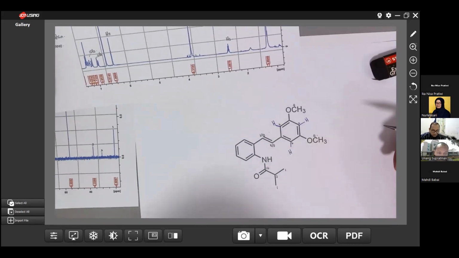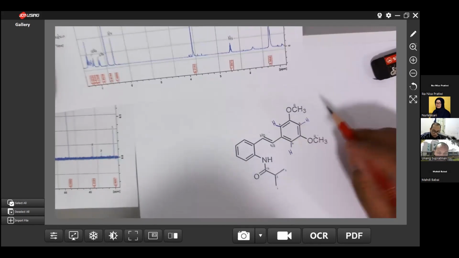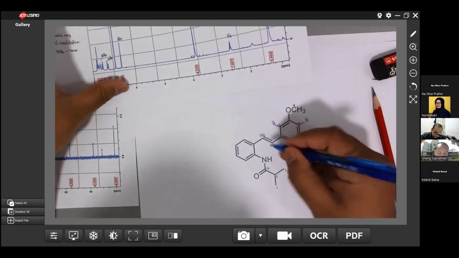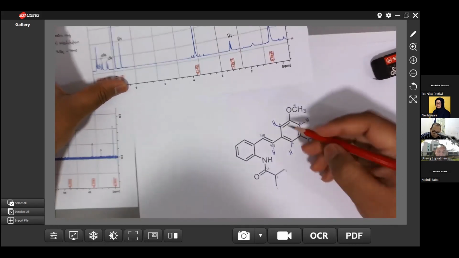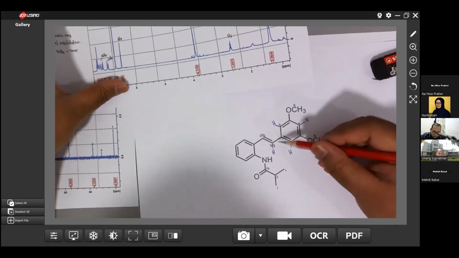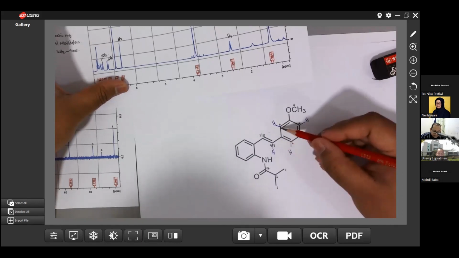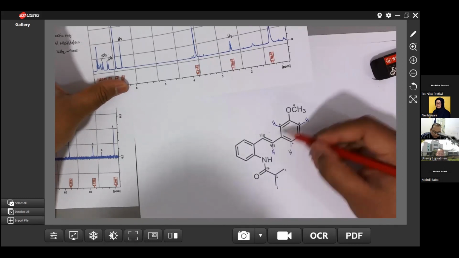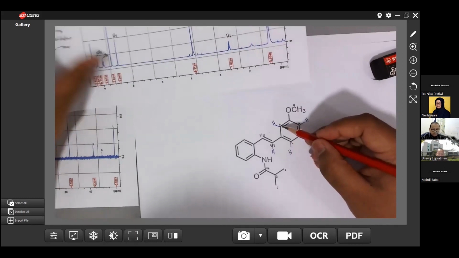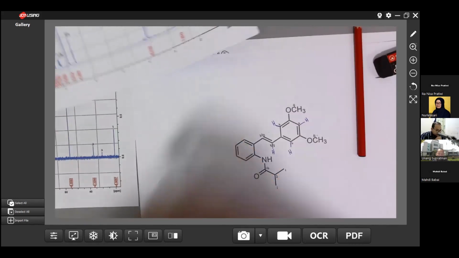What HMBC correlations are here? We have a proton here. Which proton can see which carbon? So 13, for example, can see carbon number.